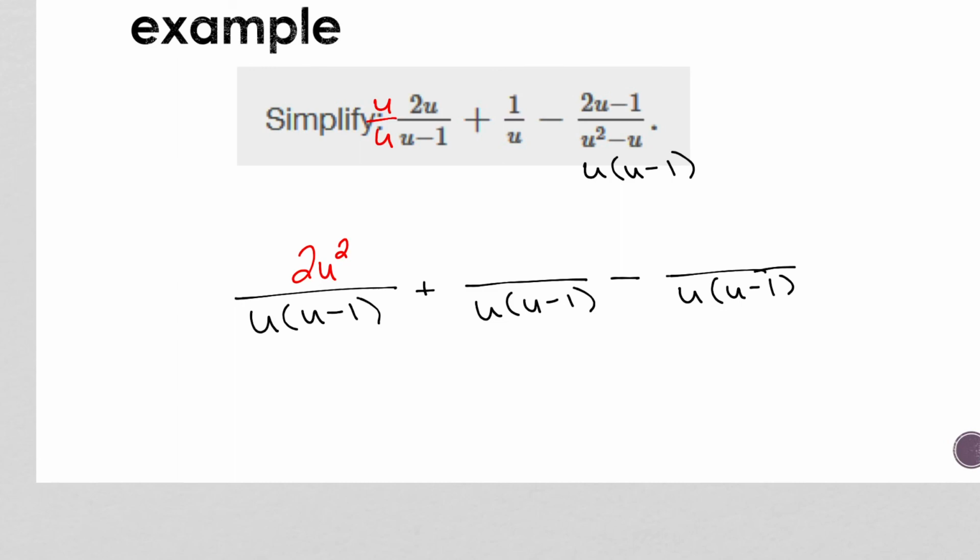So I'm going to multiply the top and bottom by u minus 1 over u minus 1, which would give me u minus 1 in the numerator. Remember, 1 times u minus 1 is just u minus 1. Okay, going from here to here, I'm not missing a darn thing, so nothing changes.